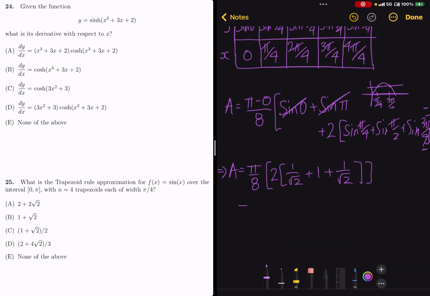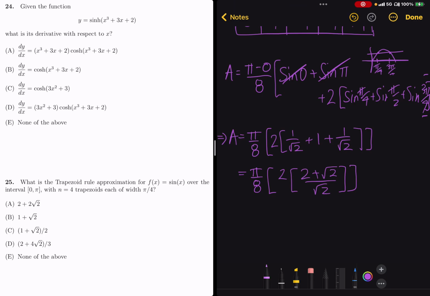So now we can add everything together here. So this is going to give us, let's see, pi on 8 times, we'll add everything in the middle here, we'll multiply this 1 by root 2 on root 2, so we'll get 2 times 2 plus root 2 over root 2, multiply this, cancel this 2 with this 8, so this becomes a 4, this will give us pi on 4 multiplied by 2 plus the square root of 2 over the square root of 2.